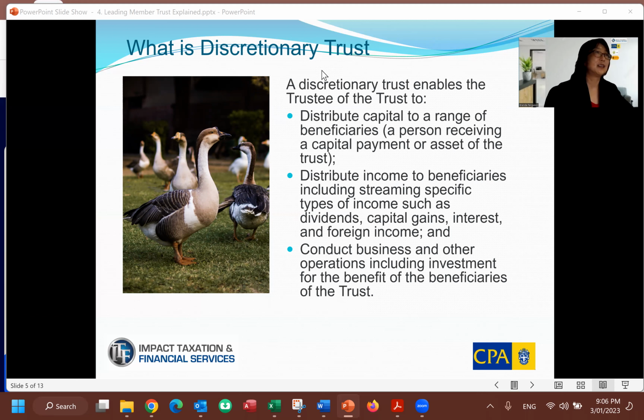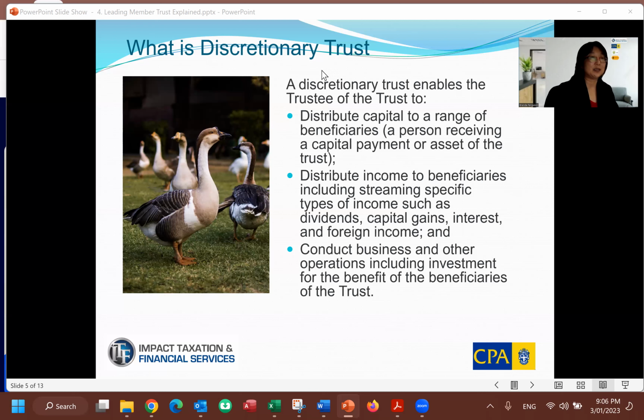It can also be used to distribute income to beneficiaries, including streaming specific types of income such as dividends, capital gains, interest, and foreign income. This is one area that's making discretionary trust or family trust very popular.